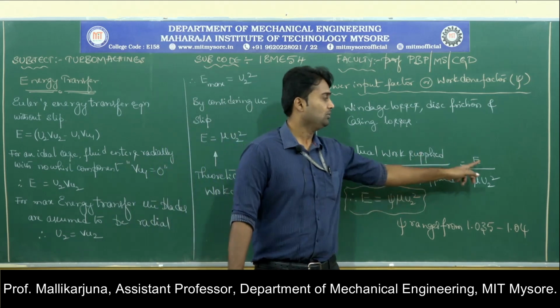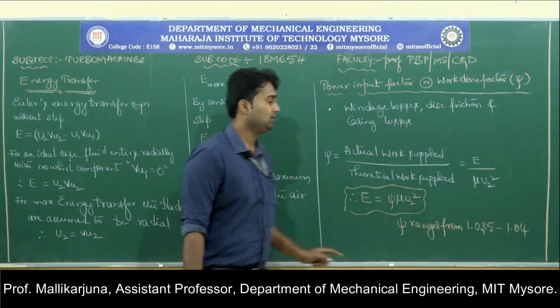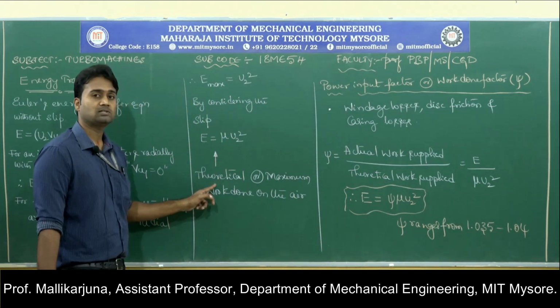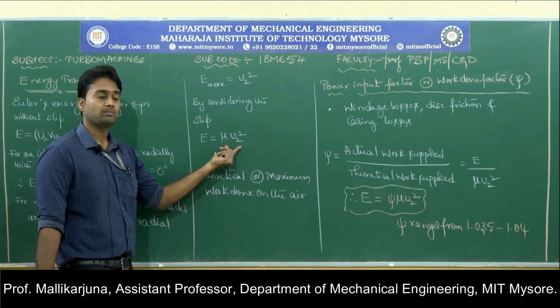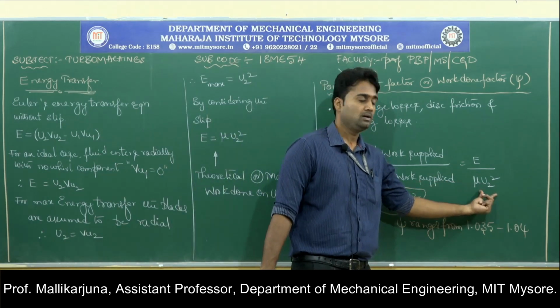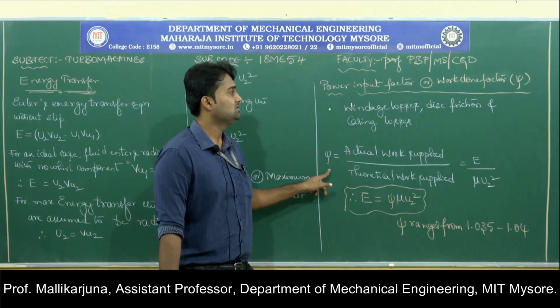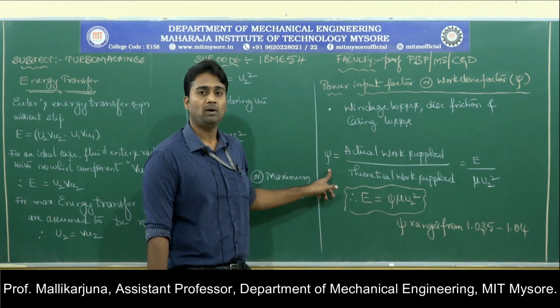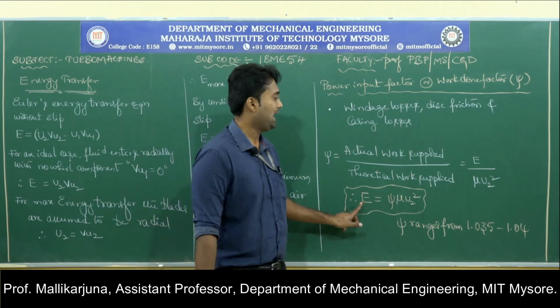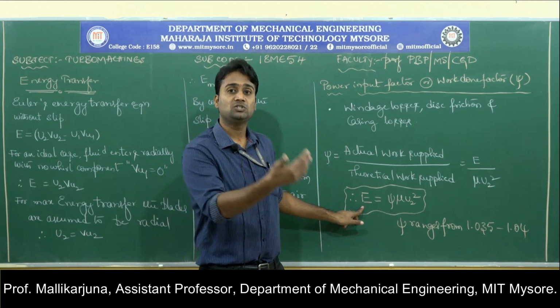So, now actual work supplied is denoted by E, and theoretical work supplied, we have calculated that over here. Theoretical work supplied or energy transfer is mu times U2 square. I have written that mu times U2 square over here. So, energy divided by mu times U2 square is nothing but the Xi, work done factor or power input factor. If you want actual work supplied, E is the actual work supplied or actual energy transfer.